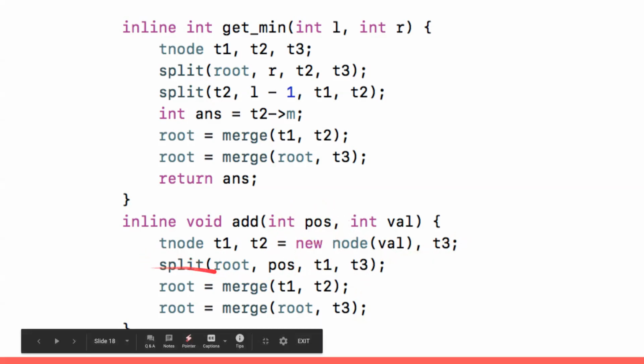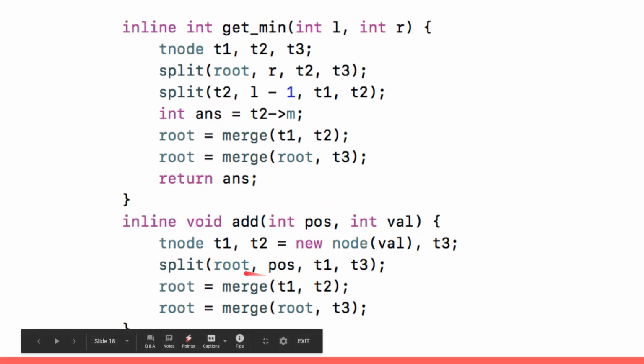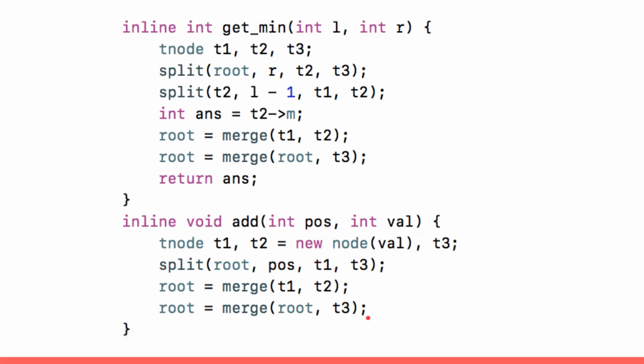That is what we are doing here in split. Then in T2 we are going to have just this node, and after we create it, we will merge T1 with T2 and then with T3. Okay, any questions about that?